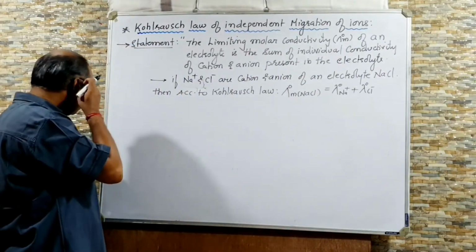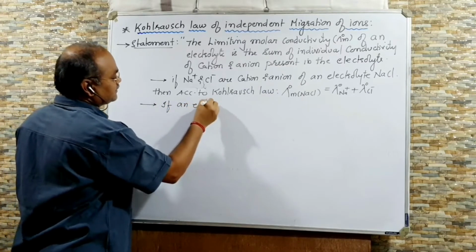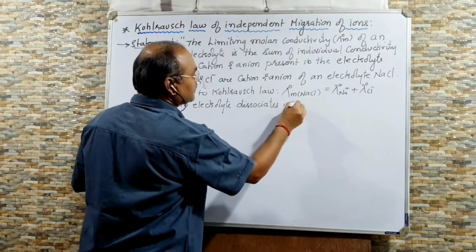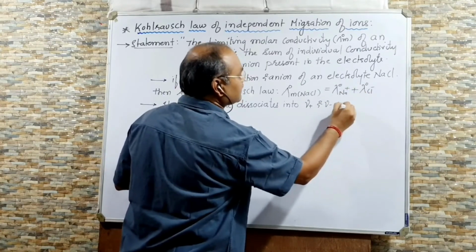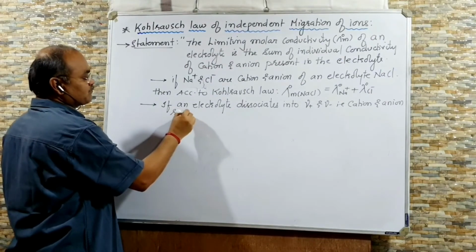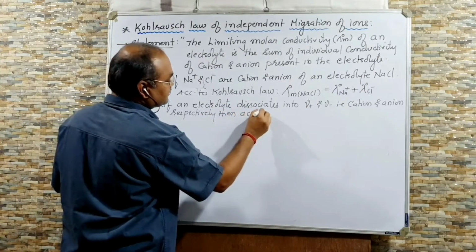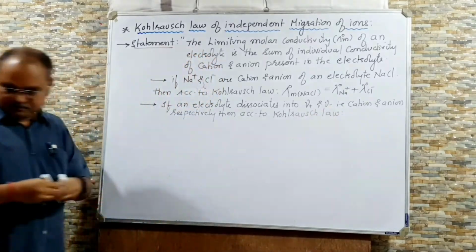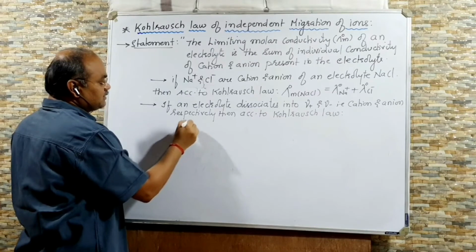Same way, one more point is given. If an electrolyte dissociates into nu plus and nu minus, that is cation and anion respectively, then according to Kohlrausch's law, now using this I can write like this: lambda 0 m.